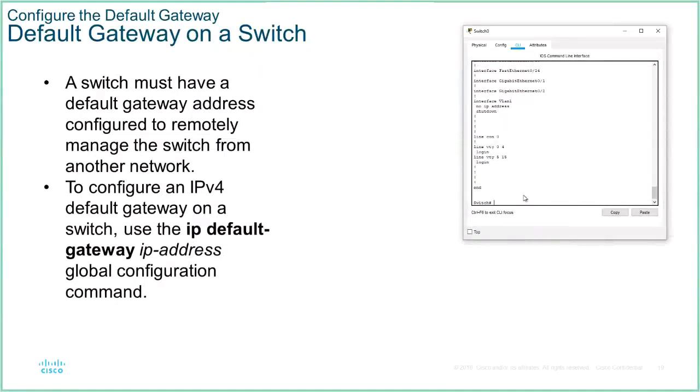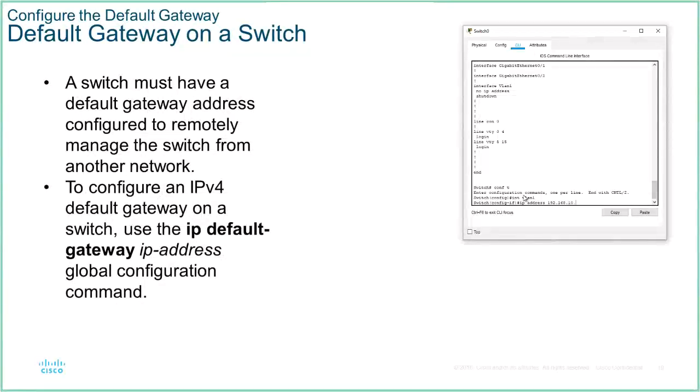So you go into here, you go to the interface VLAN 1 and you put the IP address. Now it's got to be an address that is part of the network where the switch resides in.